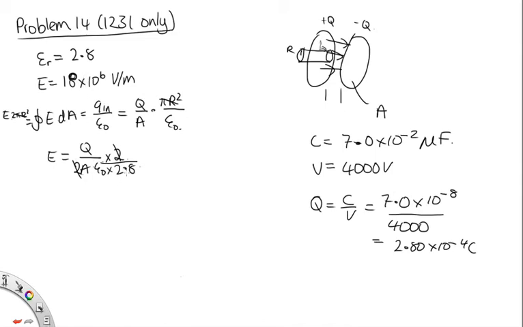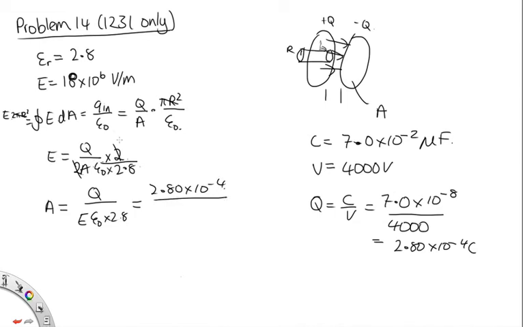is. So we should now be able to substitute everything into this expression to find our area. So our area will be equal to Q over E epsilon naught times 2.8. So Q is 2.80 times 10 to the minus 4.